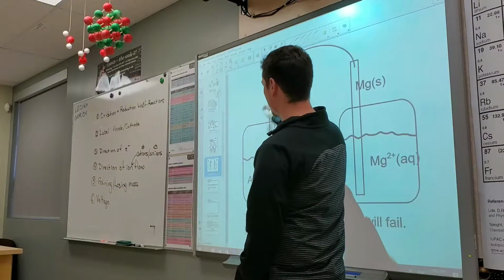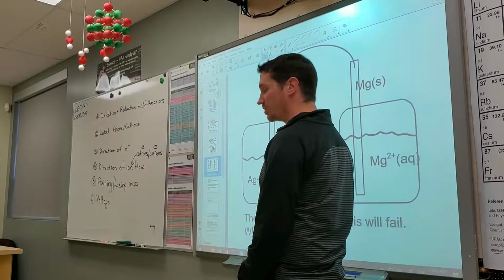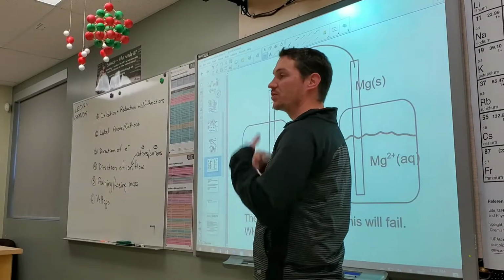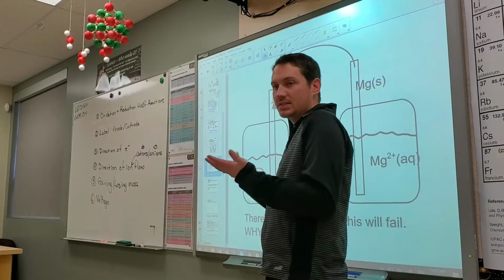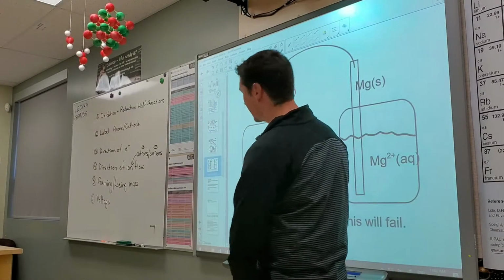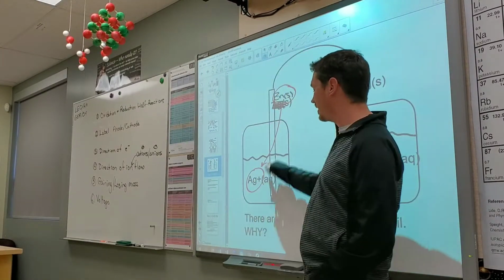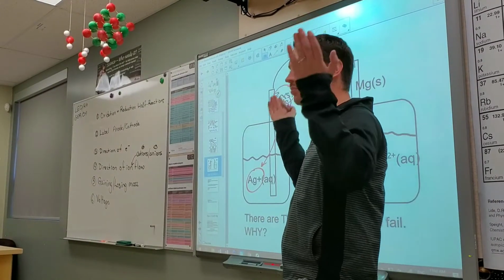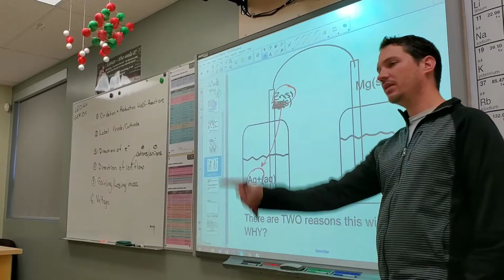The zinc solid. And where do they go to? The silver ions. Are they forced through some sort of a path so that we can take advantage of the flowing of electrons? No. The electrons go straight from here to here. So you're going to get a spontaneous reaction, and one half of a cell can't have its own party, right? So that's a problem.